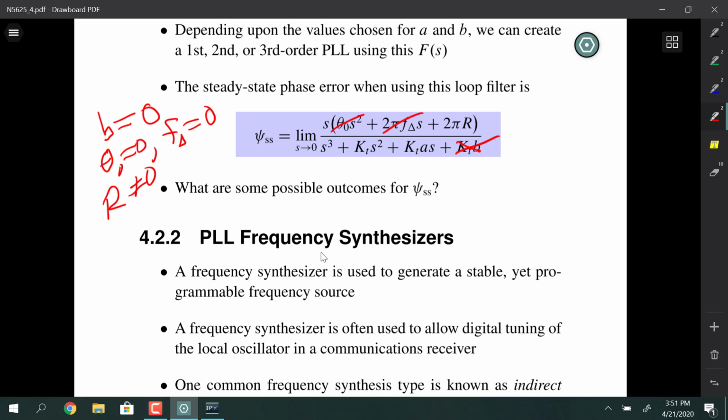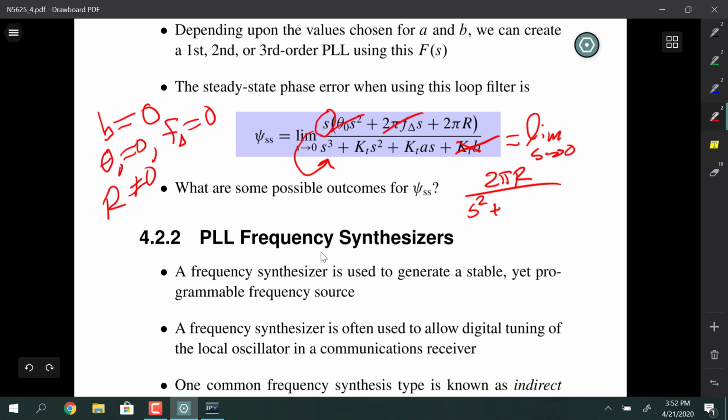So what we want to do is just take that s and bring it in down below here and just see what happens when we make the simplification. So when the limit as s goes to 0, we're going to have 2 pi r over what?